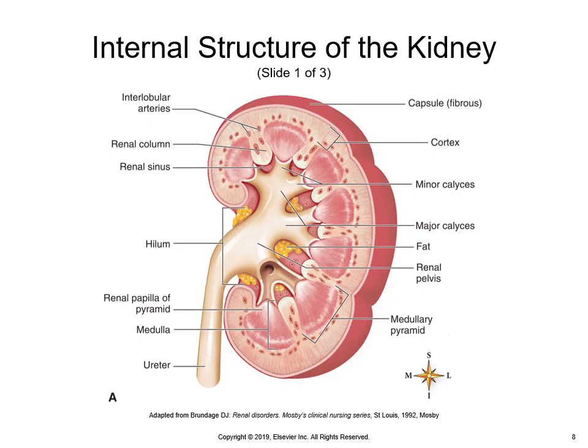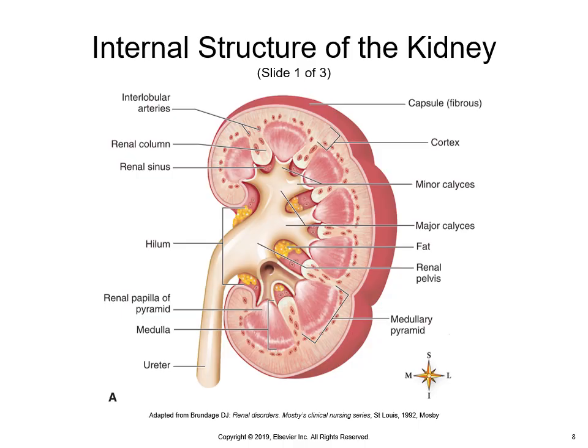Just underneath that, we have the cortex, all right, which is where a lot of the filtering begins. All right, then we get into the medulla. So here are the medullary pyramids there, and then we have the medulla here. All right, so we get into the medulla, which contains these triangular shaped sections.